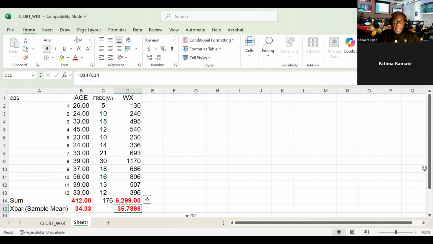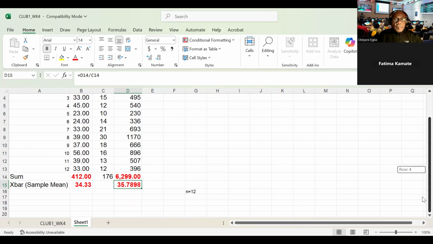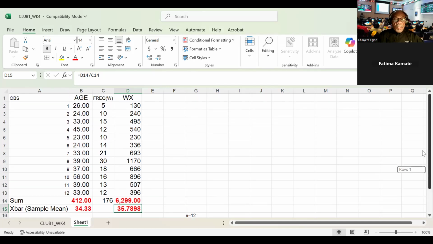But doing it by hand is tedious, okay? Very tedious. All right. So let me now step up and try to illustrate how to use SPSS.